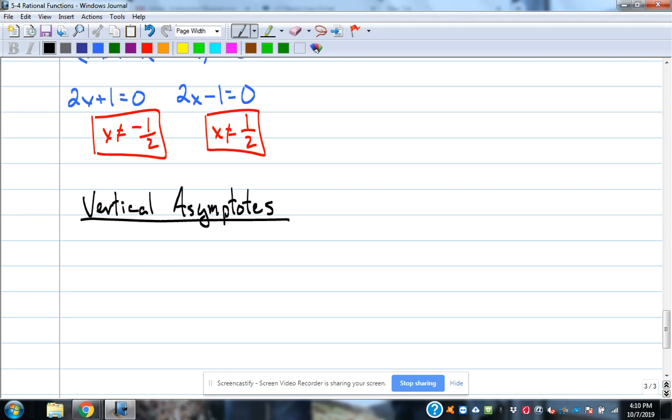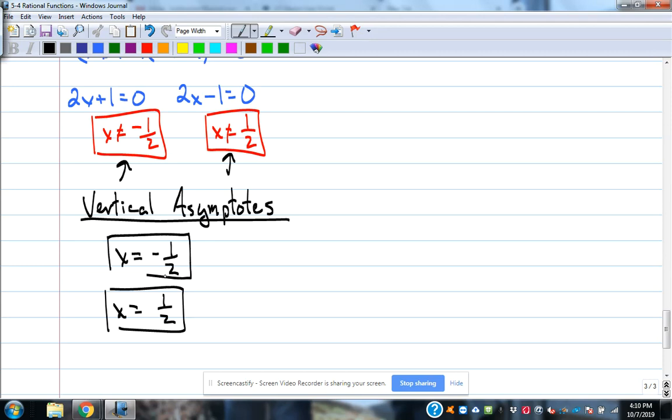And that's not going to happen too often. Okay. So the vertical asymptotes, because nothing canceled out, match these equations that we got here. We just make them x equals negative 1/2 and x equals positive 1/2. Those are our two vertical asymptotes.